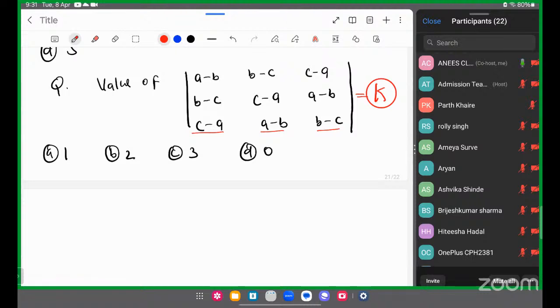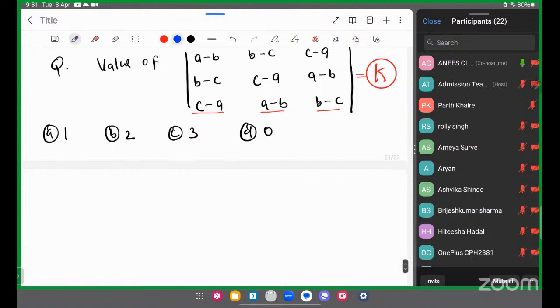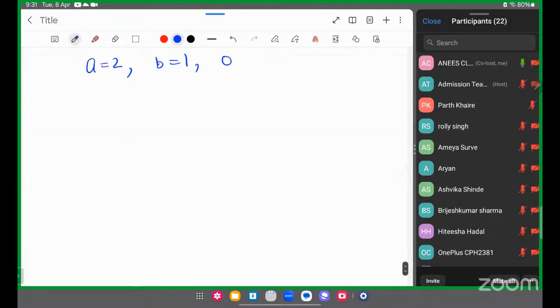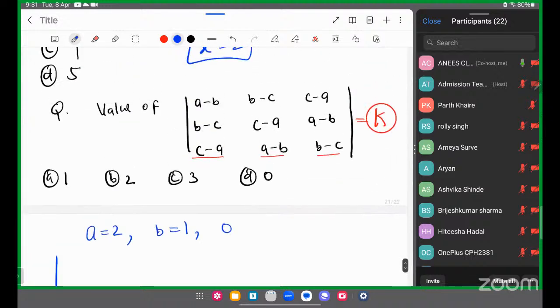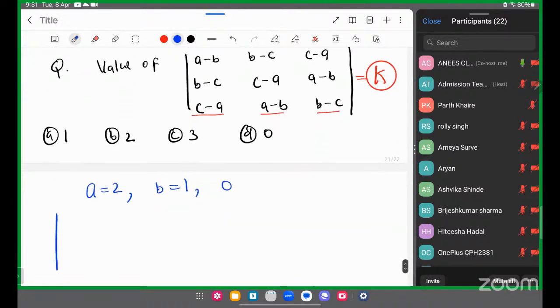But to be more sure, let us take some different numbers. Let's say I take A as 2, B as 1, and C as 0. What will be the answer in this case? So this is A minus B, which means 2 minus 1, 1. B minus C means 1 minus 0, 1.